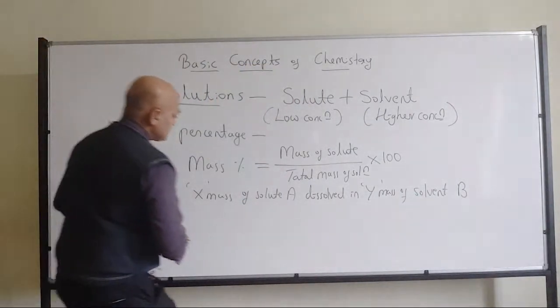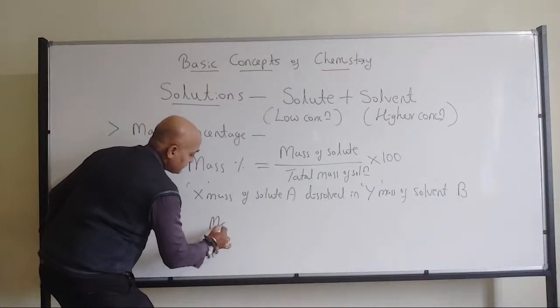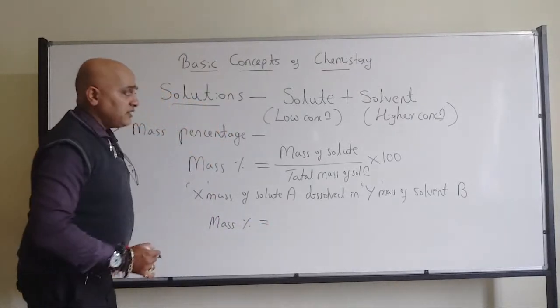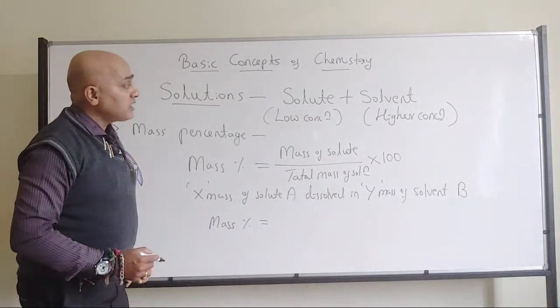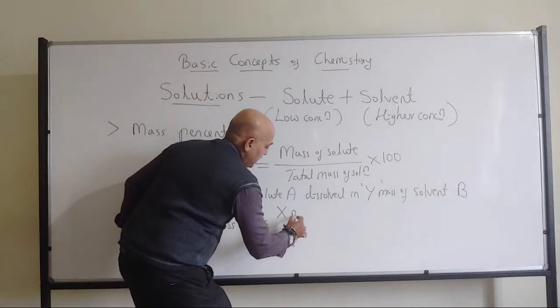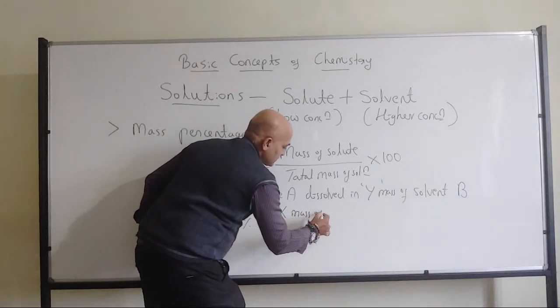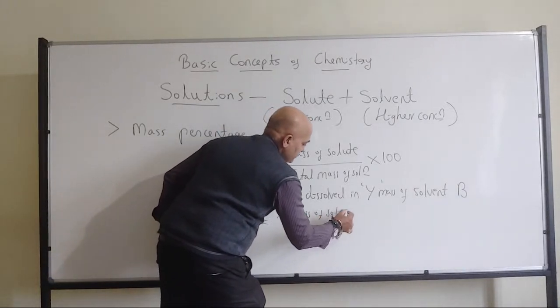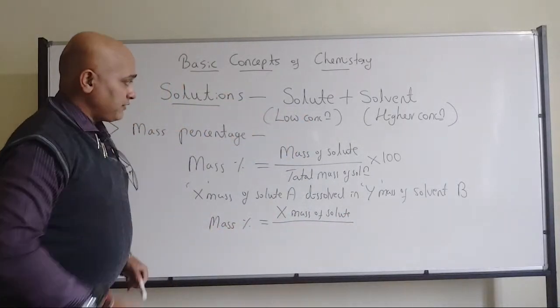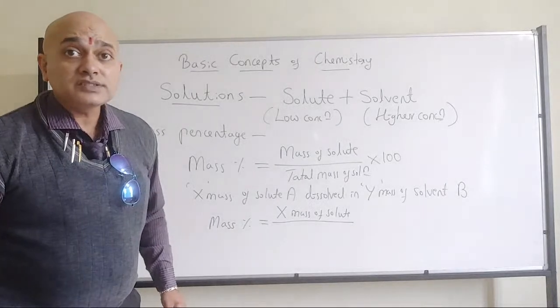So in that case, if I want to calculate mass percentage of solute, then what I should do? Mass of solute I should take. That means X mass of solute divided by, now you should be careful, total mass of solution.